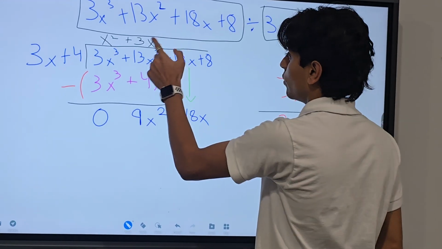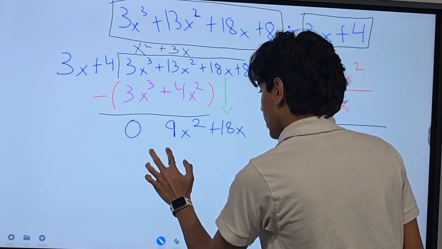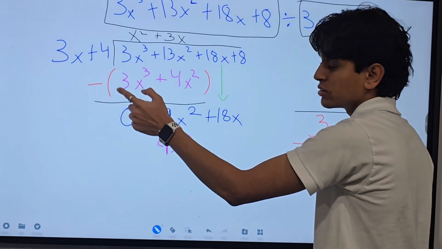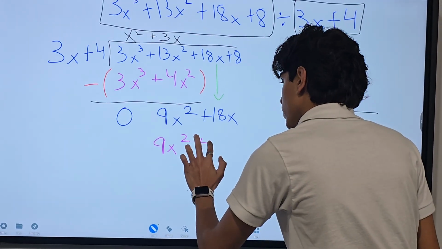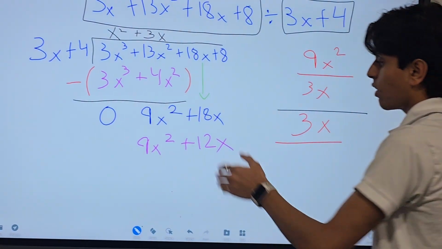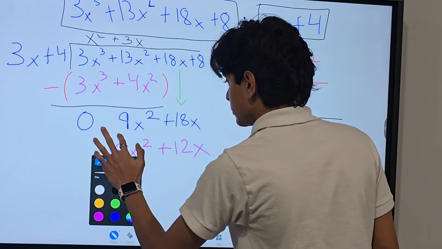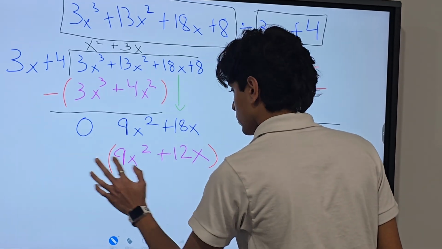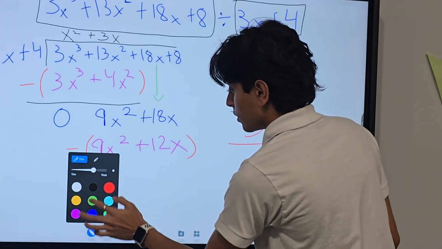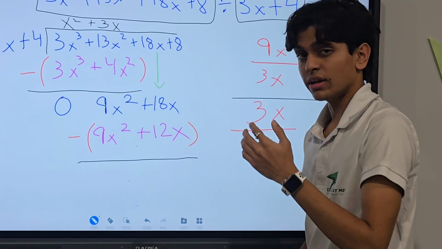Now we distribute our 3x to our divisor. 3x times 3x is 9x squared. 3x times positive 4 is 12x. Now again, we subtract our 9x squared plus 12x from 9x squared plus 18x, and we can write it out like this. Now we distribute our negative, so negative 1 times 9x squared is equal to negative 9x squared.